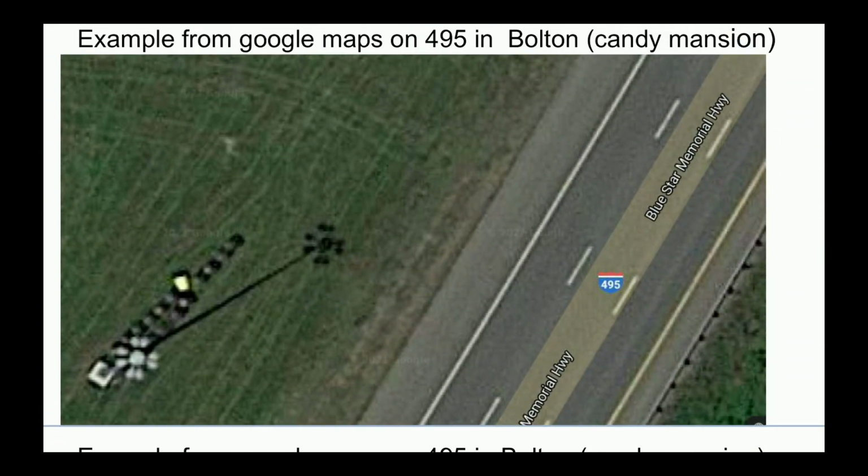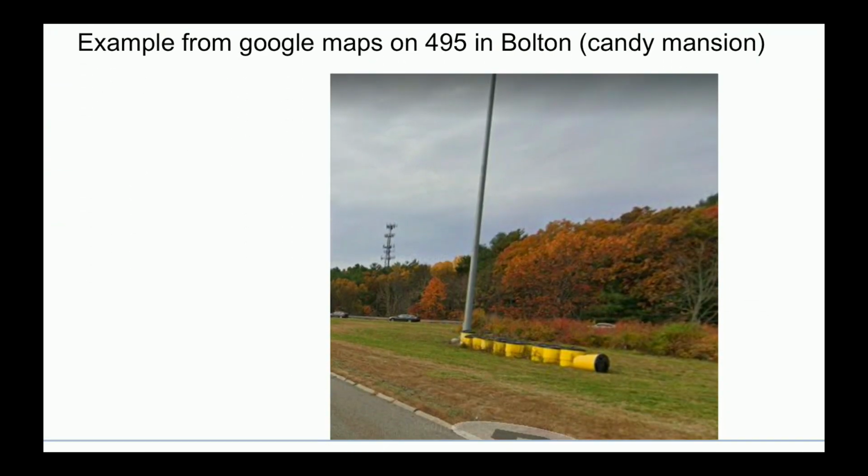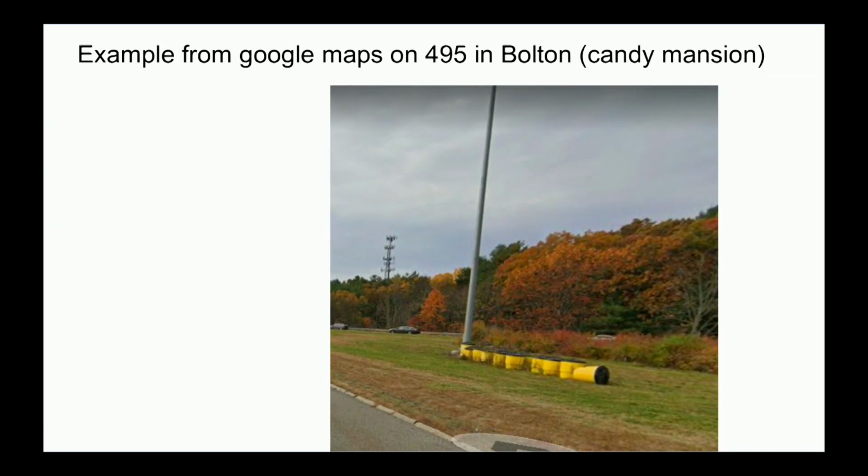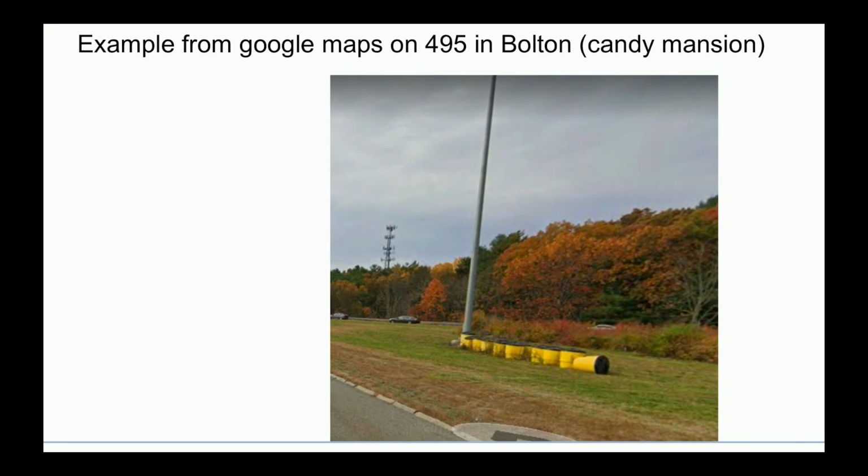If you look down at this aerial view, it's a little weird here. This is just a shadow, but you're looking down at a cell phone tower that's here, and you can see various Fitch barriers lined up. In real life, it looks more like this. Okay, so that is right out of Google Maps from near Route 495.